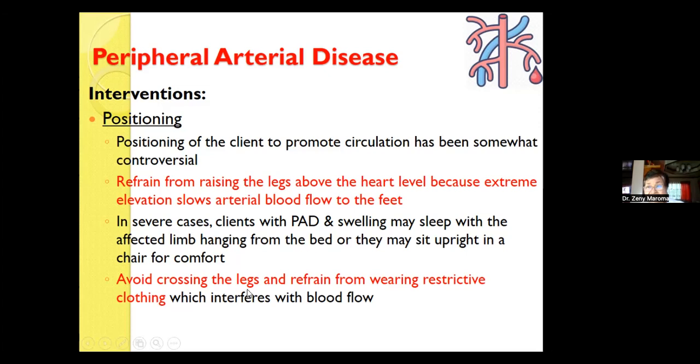Avoid crossing the legs and refrain from wearing restrictive or constrictive clothing, which interferes with the blood flow. Avoid high-heeled shoes, pero don't walk barefooted. Avoid knee-high stockings, no? Medyo controversial.